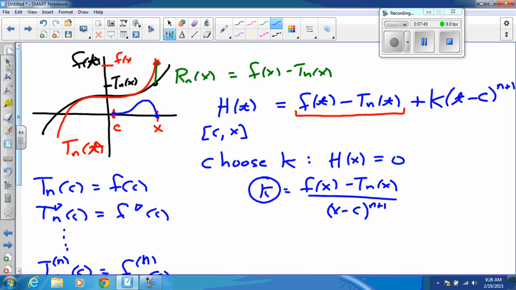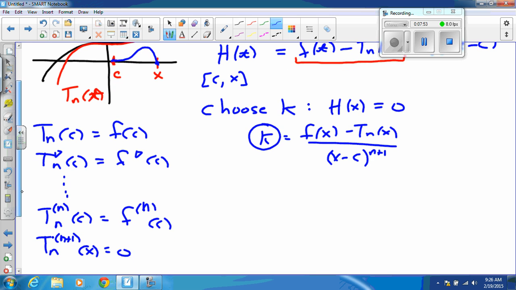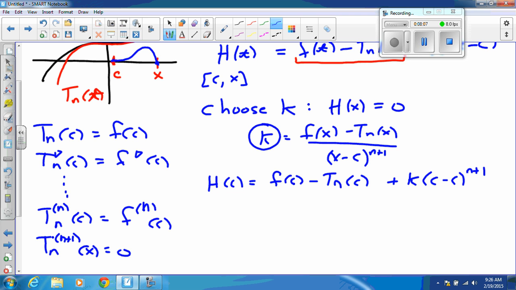This is the setup. Now that we've got the setup, the rest is really fun. I've already observed that h of c is equal to f of c minus t n of c plus k times c minus c to the n plus 1, which is equal to 0 plus 0, or 0.